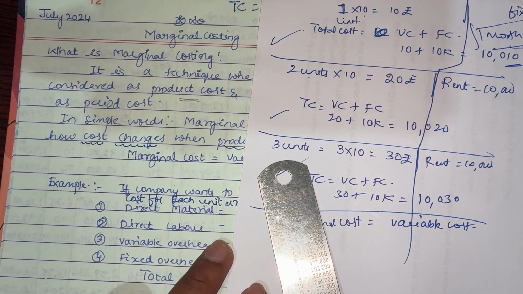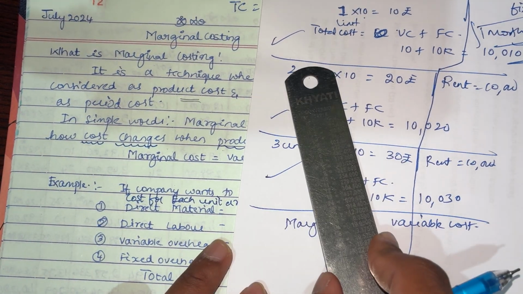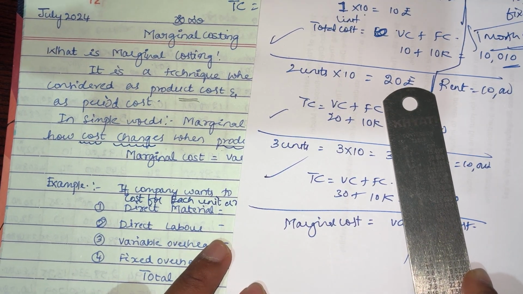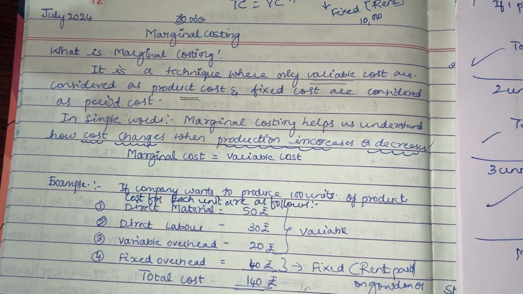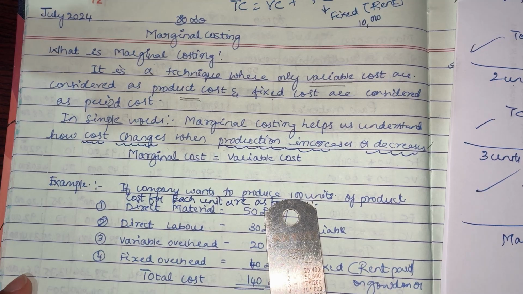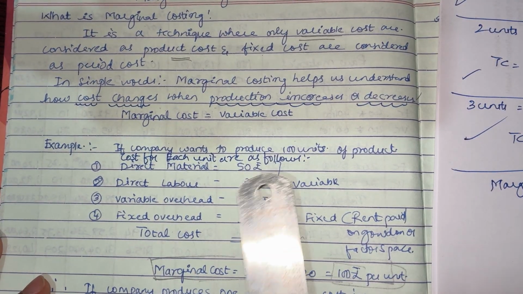Similarly, say for example, I am manufacturing 3 units. Now I don't want to manufacture 3, I will manufacture only 2 units. What was my cost now? 20 rupees. So did you understand what I'm trying to tell? Now let us move on with this simple example. Now if a company wants to produce 100 units of a product, the cost for each unit is given as follows.